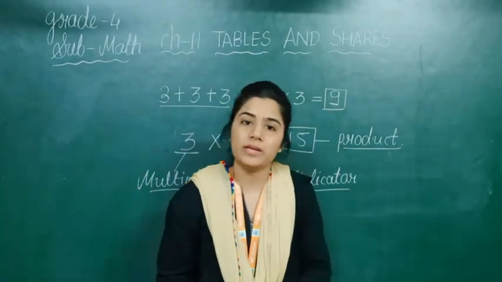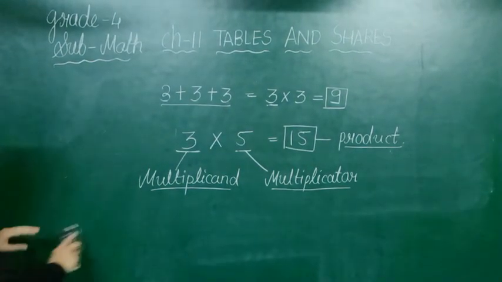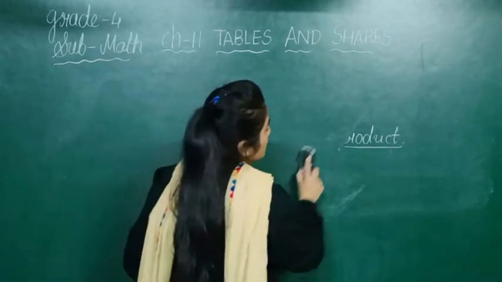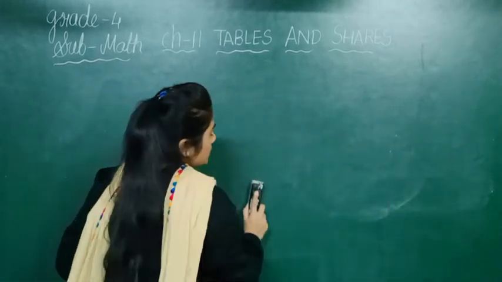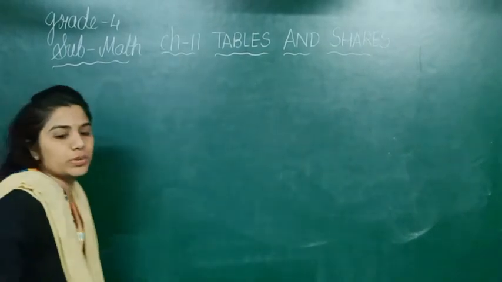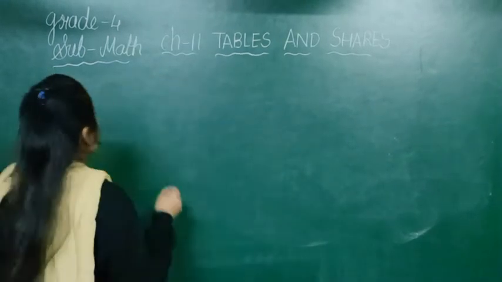That is called multiplication. Firstly, I am explaining to you question number 2, which is given in your workbook. Question number 1 I will explain to you in the lecture. So let's start. What is given in question number 2?